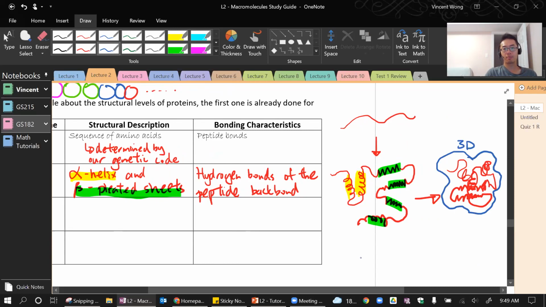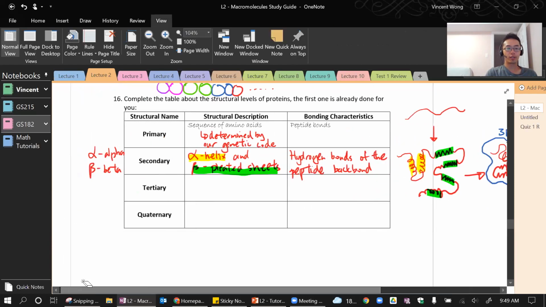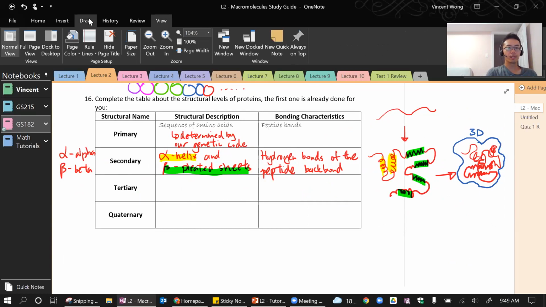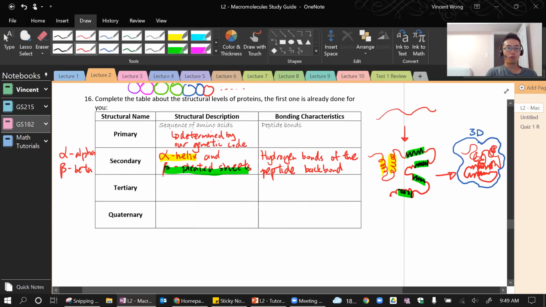Okay, 3D shape now. So that 3D shape is going to be the tertiary structure. Okay, tertiary structure. So that is the overall 3-dimensional shape of the protein.